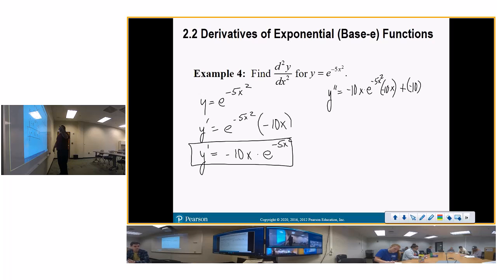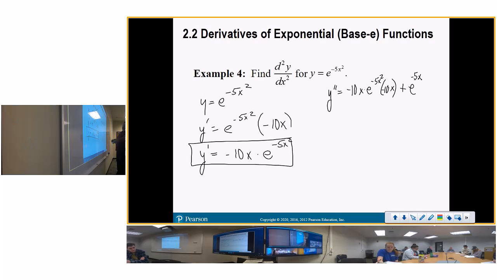I'm sorry, I just went off there. Hold on. I was just looking at this. I wasn't looking at this. I meant this. Let me make sure I did that right. Negative 10x first times the derivative of the second, plus the second, e to the negative 5x squared, times the derivative of the first, which is negative 10.